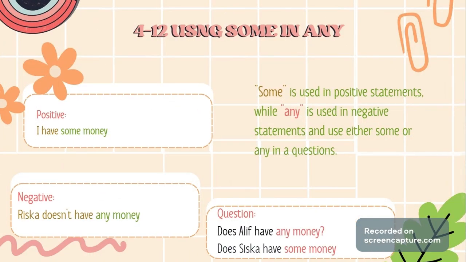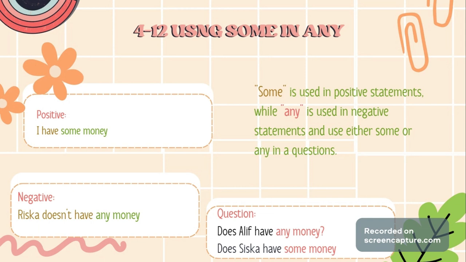Next, using some and any. Some is used in positive statements, while any is used in negative statements, and you can use either some or any in a question. Positive example: I have some money.